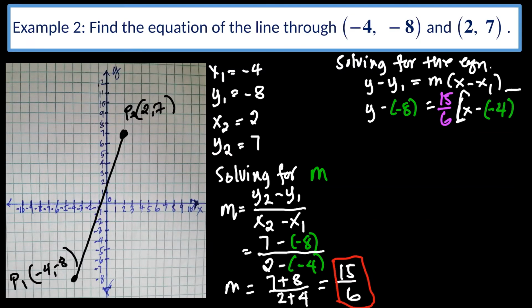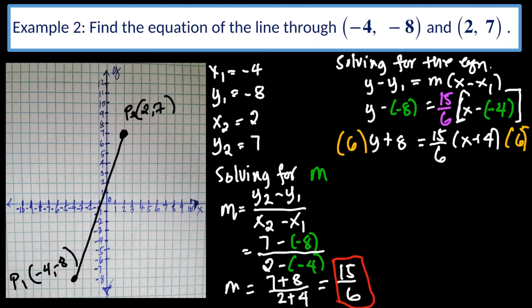So let's change the grouping symbol there. We can rewrite this as y plus 8 equals 15 over 6 times x plus 4. All right, we can simplify this further by multiplying both sides by 6. So we multiply 6 here, and we multiply 6 here also, and this will be cancelled out.